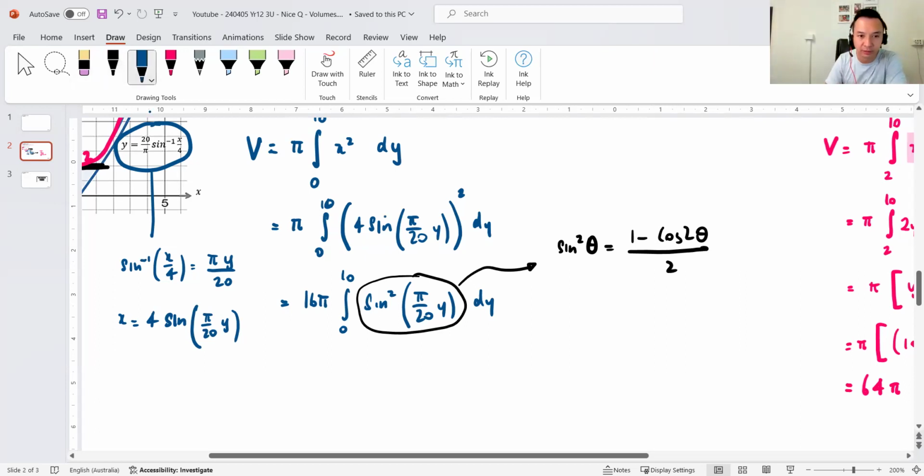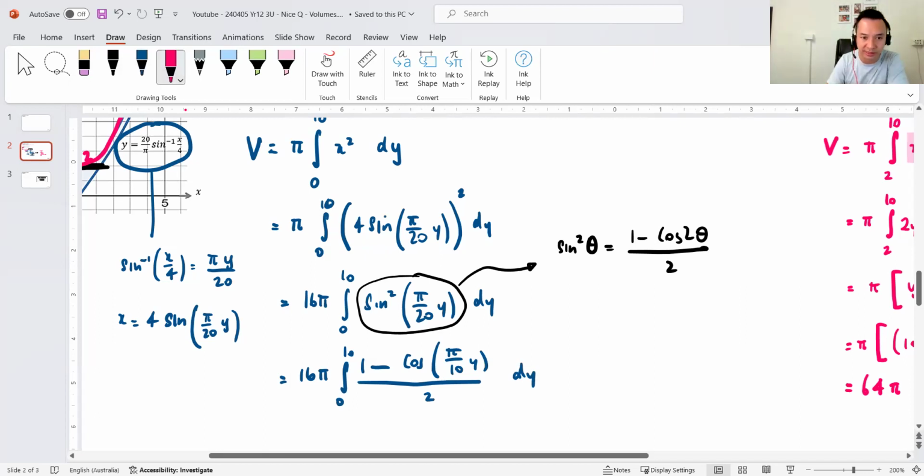So that becomes 16 pi, 0 to 10, 1 minus cos of double this guy, which would be pi on 10 y, all over 2, dy. The 2 and the 16 cancel out, giving me 8, and I'll be integrating that.